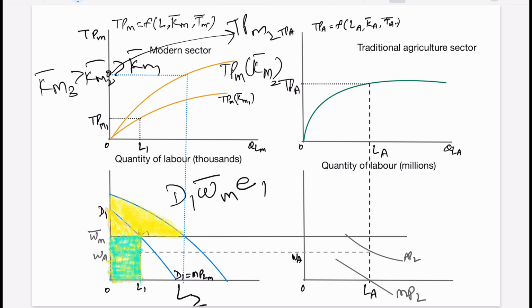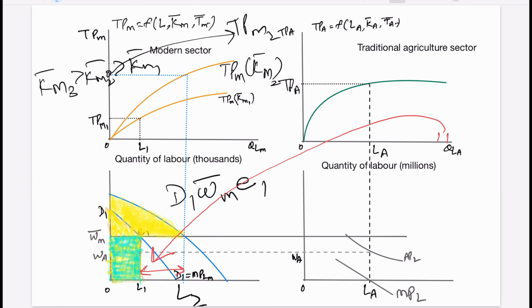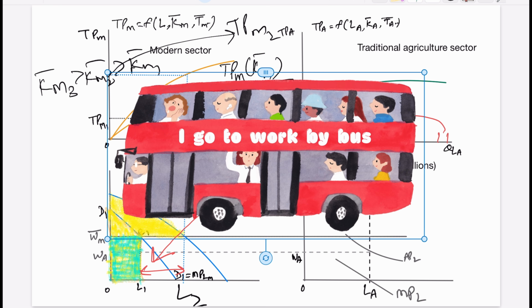So the question comes, from where did we get this increase in workers? These extra workers L1, L2, from where are they coming? We have actually taken some workers from here and shifted them to manufacturing. You can visualize that you are taking a trolley, a truck or a bus, putting people in there and dumping them in the manufacturing sector.